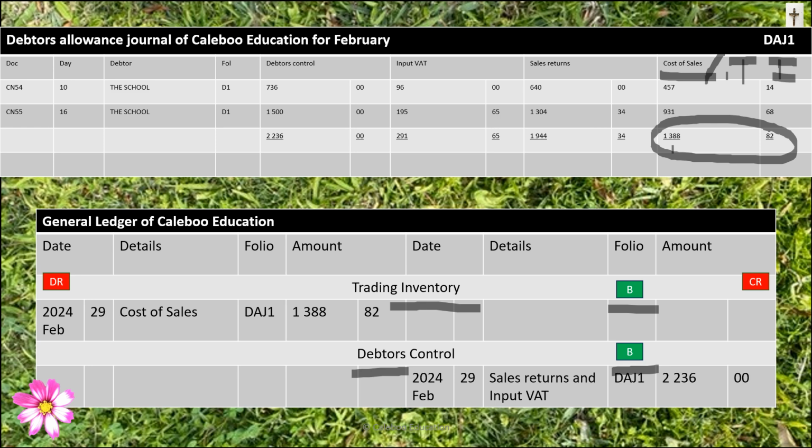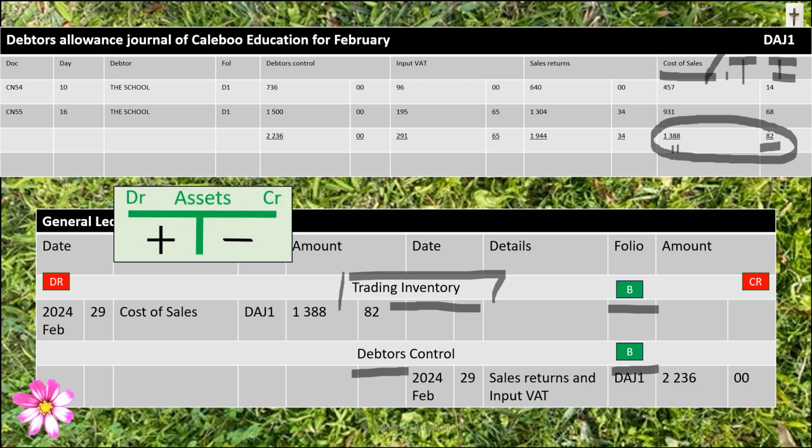Trading inventory to the amount of 1388.82 has been returned to us. Now remember, when we take this information to the general ledger, we need to apply our accounting rules. And if we get stock back, the value of our stock on our shelves has increased and the account gets debited on the left hand side.